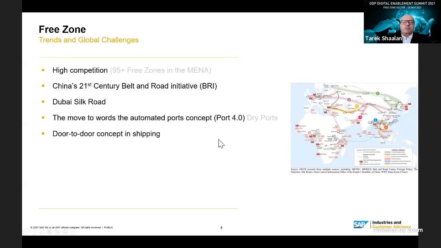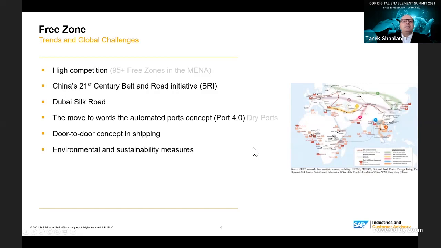The door-to-door concept in shipping has started. We have seen Amazon acquiring lots of sectors and stakeholders of the value chain, and this model is being repeated in several areas of the world as well, and will also include all the transshipments that happen through free zones.